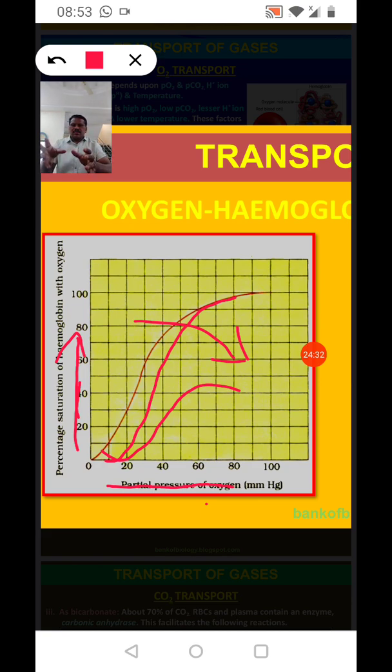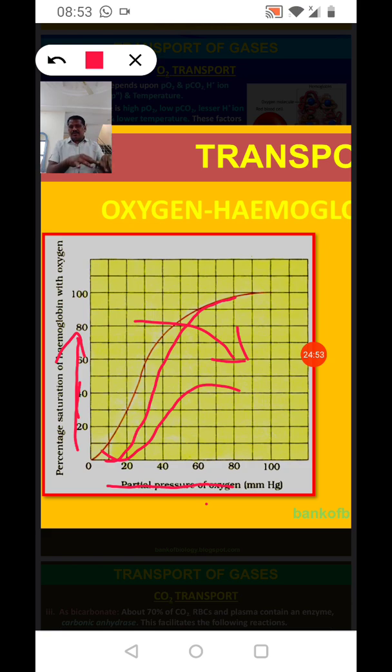Number one, the place where there is more partial pressure of oxygen, hemoglobin combines with the oxygen. The place where there is less partial pressure of oxygen, oxyhemoglobin dissociates.